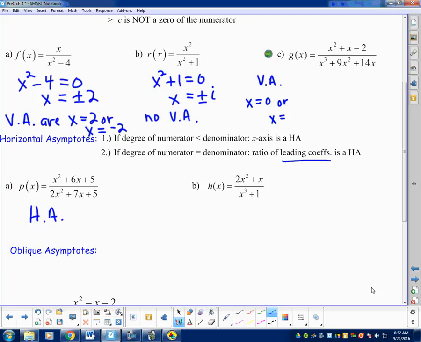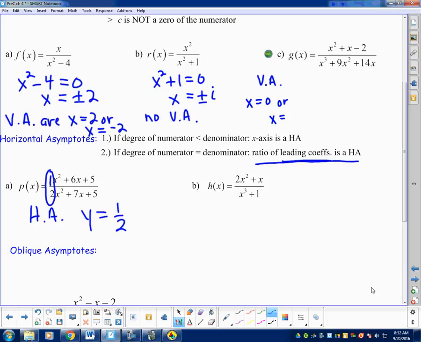It's going to be y equals 1 over 2, and that's it. If the degrees are the same, it's the ratio of the leading coefficients reduced. So if I were to graph that, y equals 1/2 would be a horizontal asymptote.